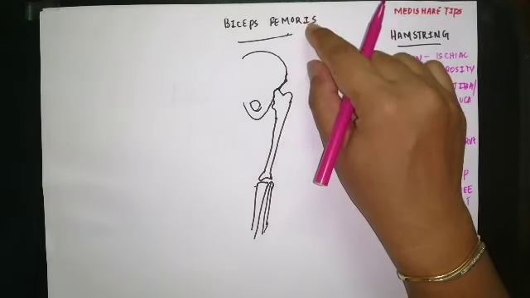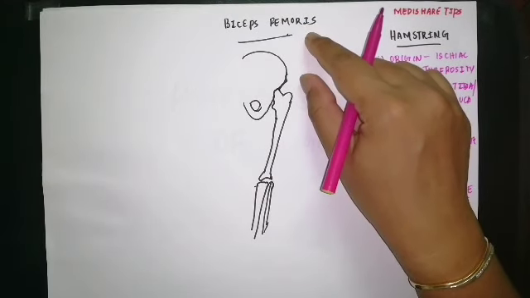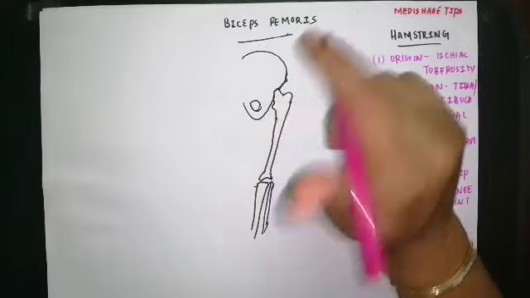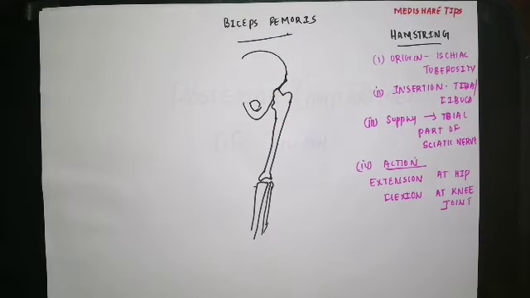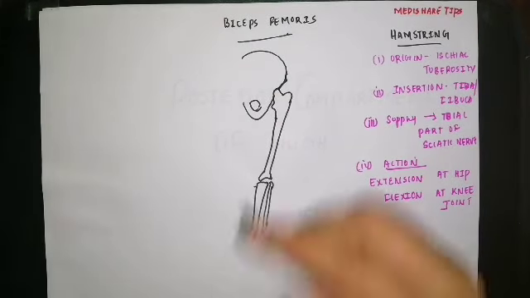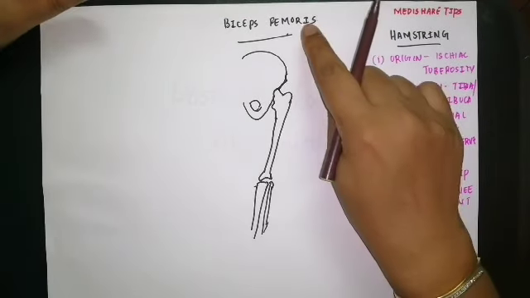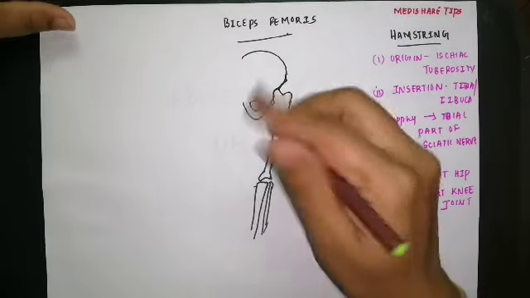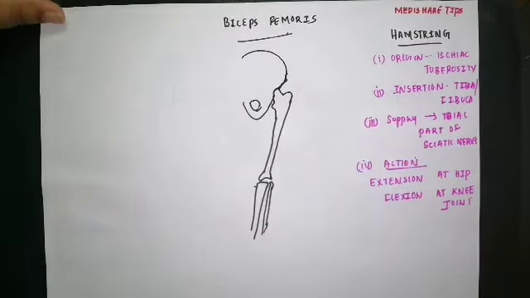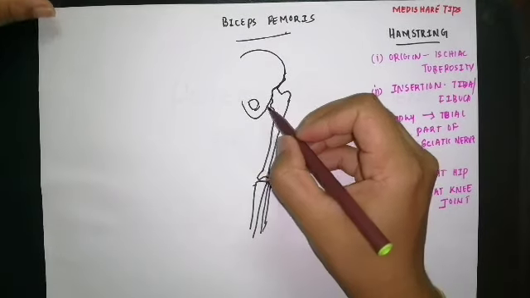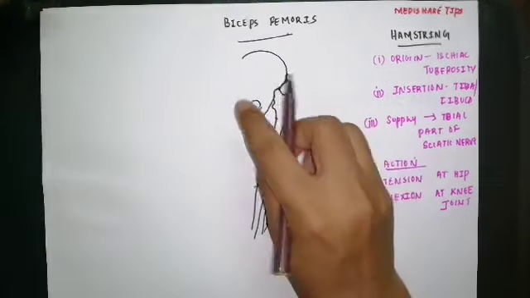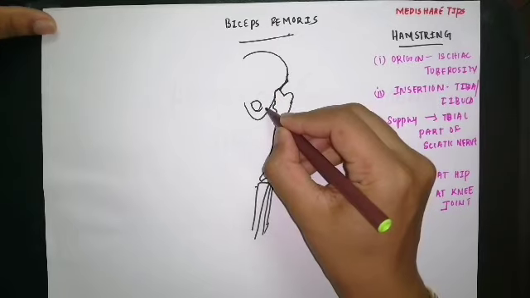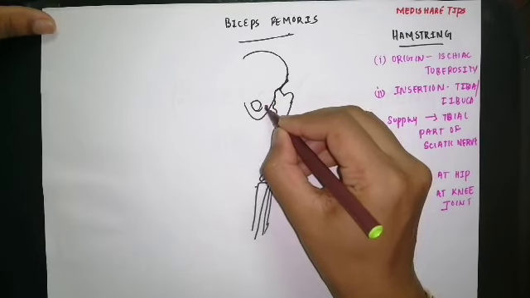So first we are talking about the hamstring muscle, that is the biceps femoris. It has a short head and long head. And what is the origin of the muscle? So the long head of the biceps femoris muscle is actually a hamstring muscle, which originates from the superomedial aspect of the ischial tuberosity. So this is the ischial tuberosity. This is the superomedial aspect of ischial tuberosity.